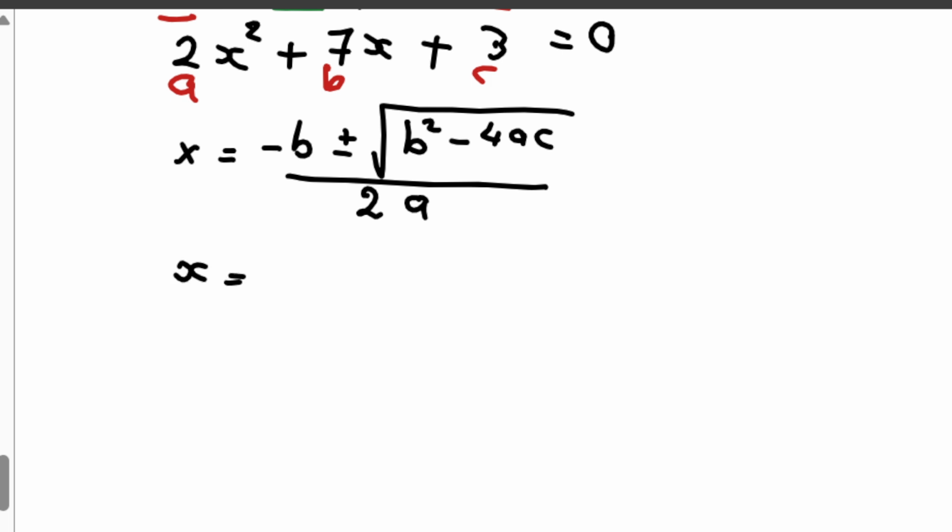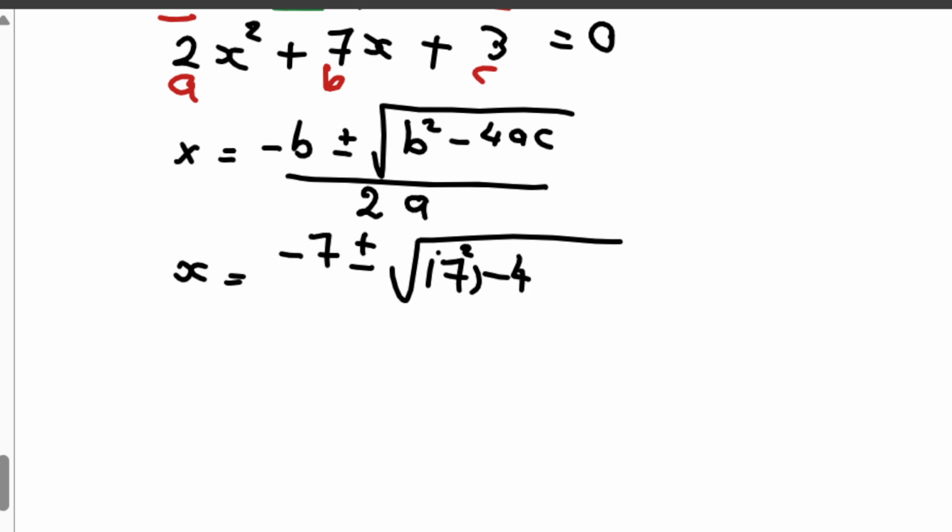x equals minus 7 plus or minus root of 7 squared minus 4 (in brackets) times a, which is 2, times c, which is 3, divided by 2 times a, which is 2 times 2.